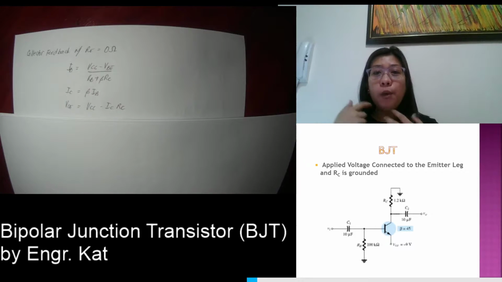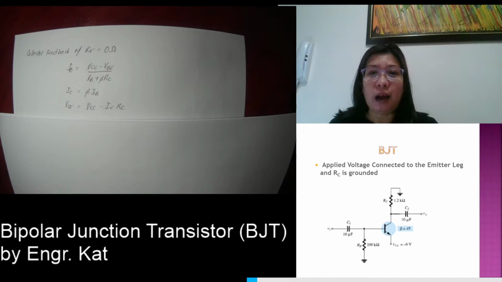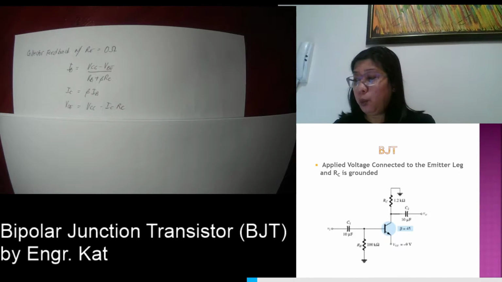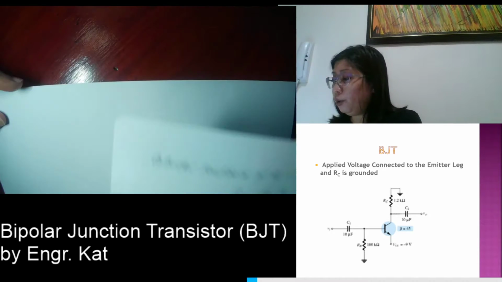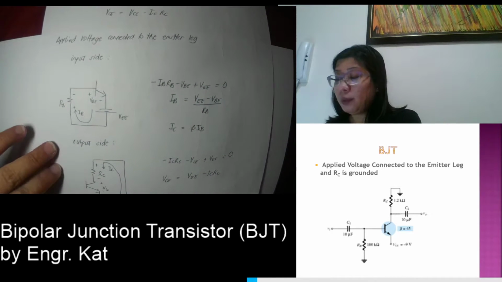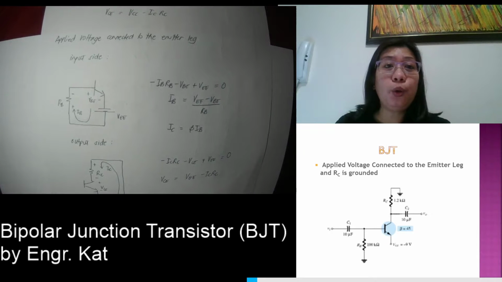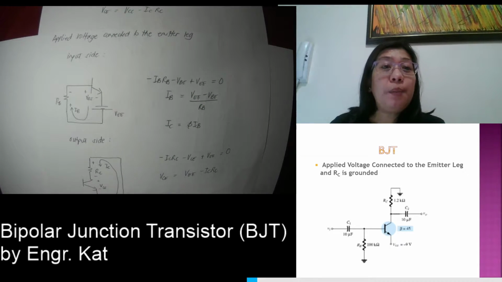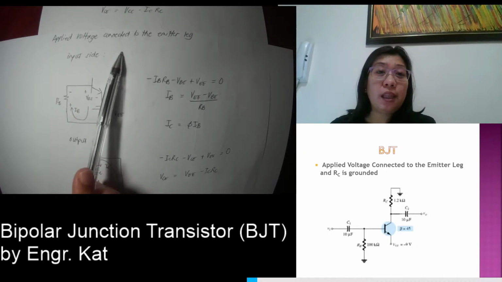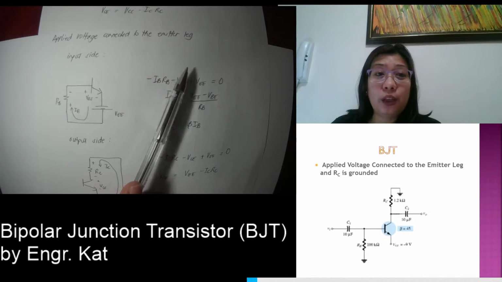Okay, so if we're going to redraw the circuit, so that you can understand how you're going to derive the formula, we will be redrawing your circuit. So I have here the redrawn circuit. Okay, so this is called the applied voltage, which is connected to the emitter leg instead of the collector leg.